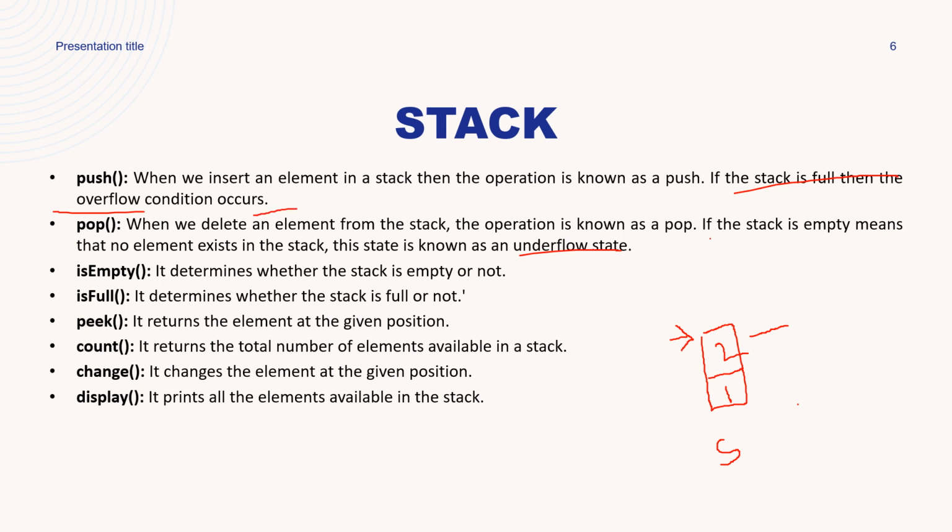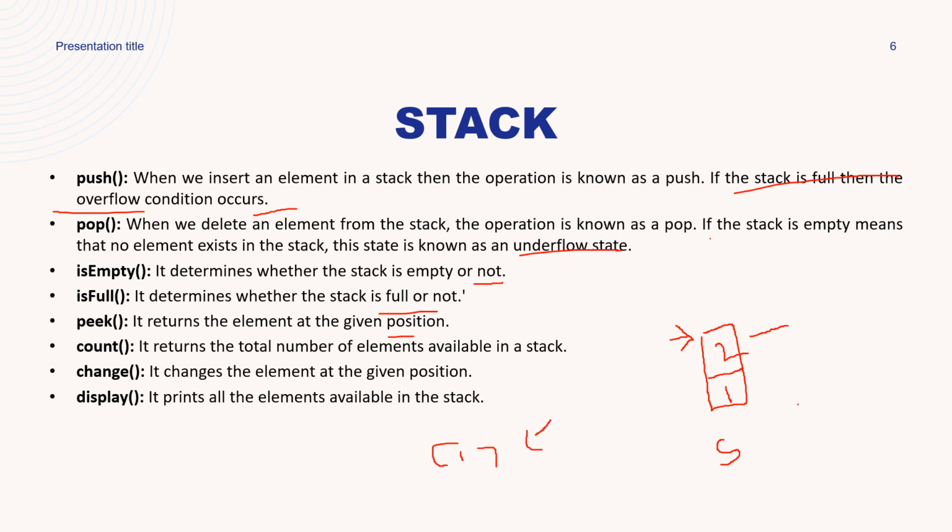Okay, and isEmpty is simply whether the stack is empty or not. isFull is whether that particular stack is full or not. Peek returns the element at the given position. It is similar to using the array index to get a particular element from the index, right?